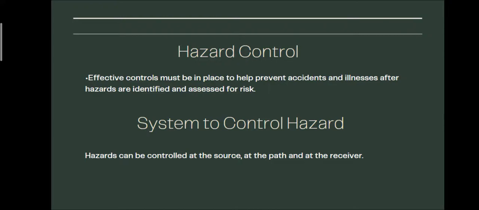For the hazard control, effective controls must be in place to help prevent accidents and illnesses after hazards are identified and assessed for risk. For the system to control, hazards can be controlled at the source, at the path, and at the receiver.